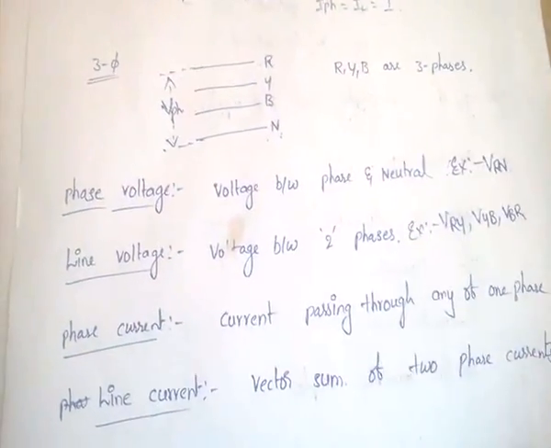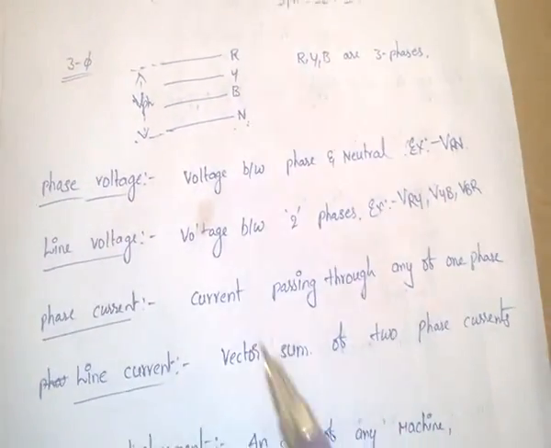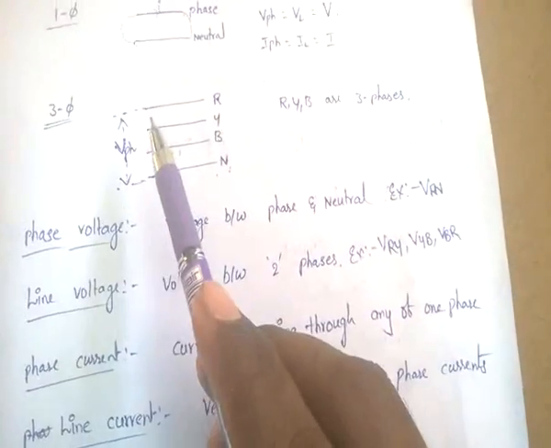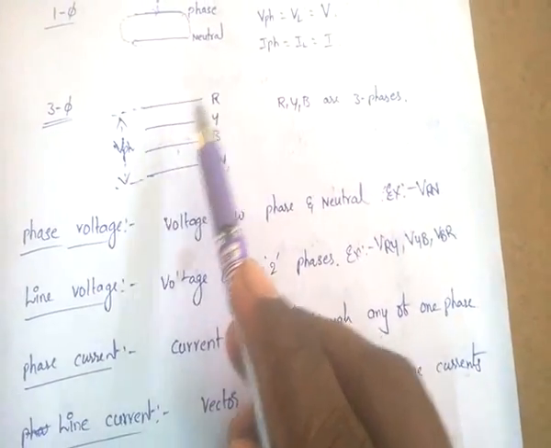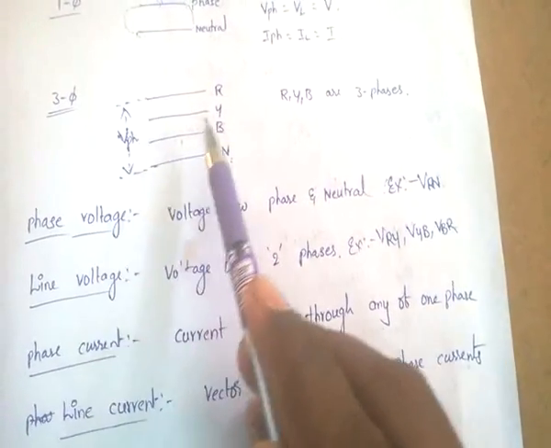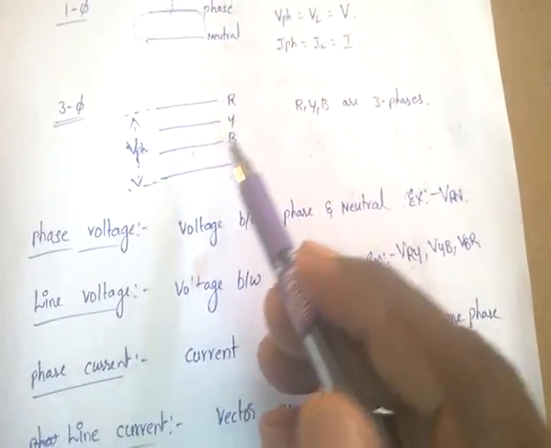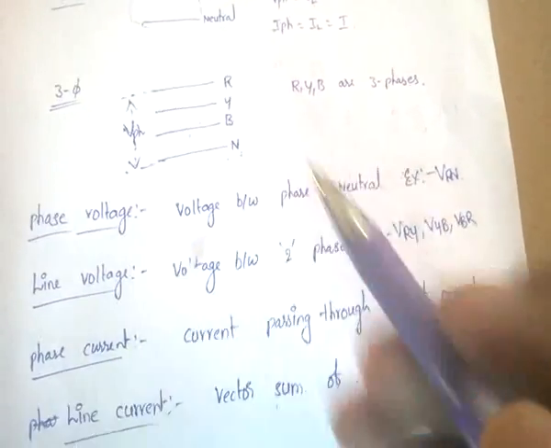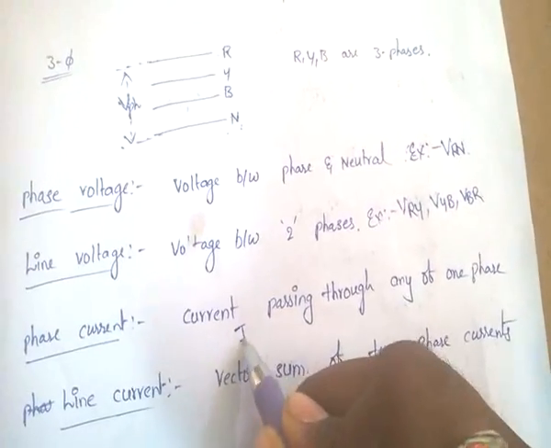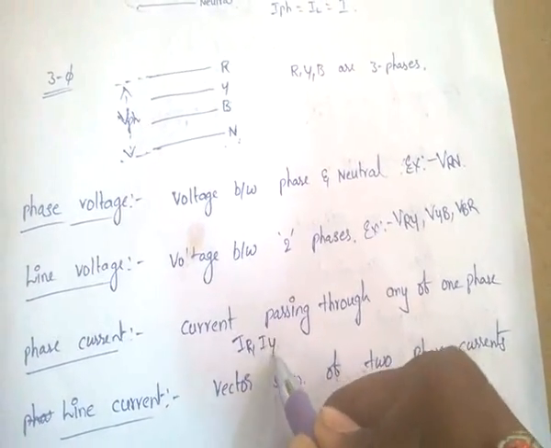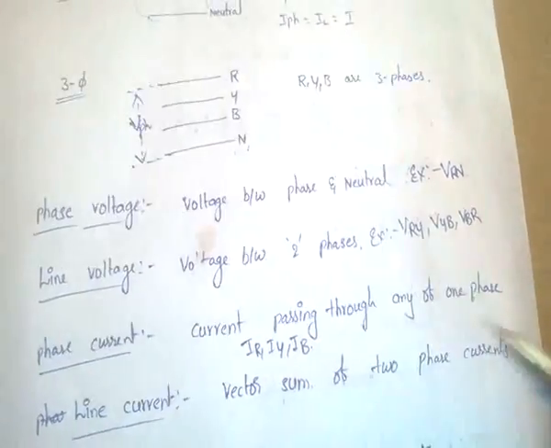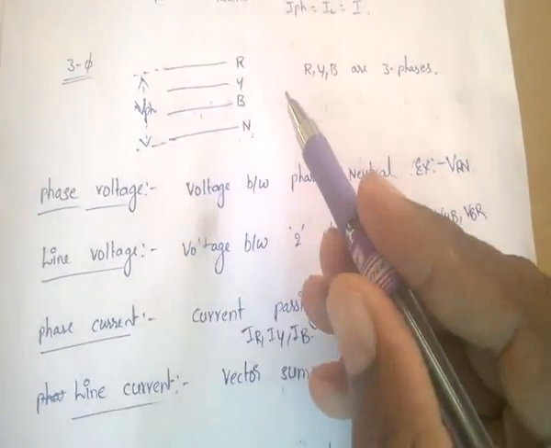Next, what is a phase current? The current passing through any one phase is the phase current. That is IR, IY, IB. These are phase currents. Next, what is the line current?